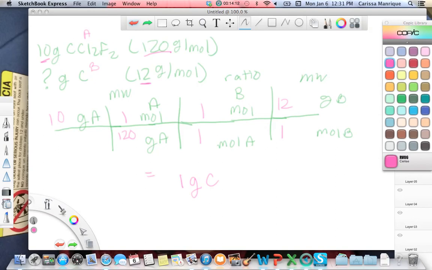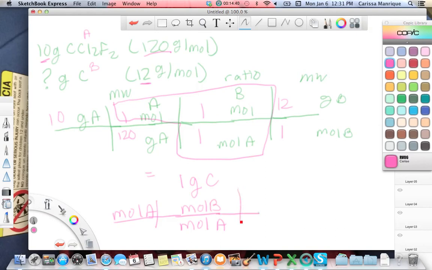Okay, so if we're going from mole A to mole B, then you start with mole of A. You want to cancel out moles of A, and you want to go to a mole of B. So you see, it's just this part right here.